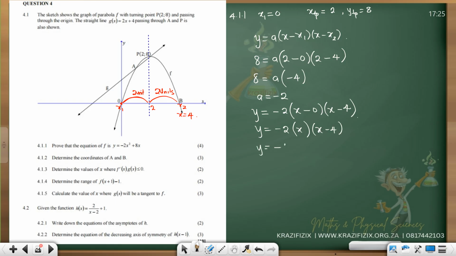So what is this? Negative 2x, x minus 4. Let's expand. And you must be comfortable with both methods. Please, very comfortable with both methods. Are we okay, everybody?